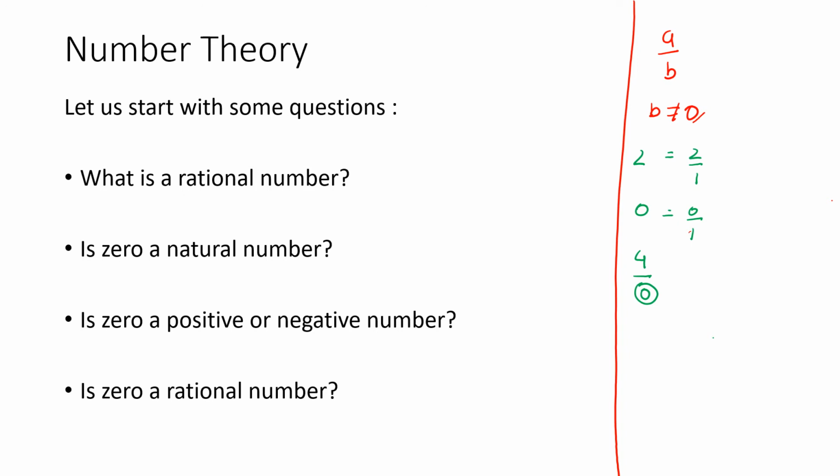In the beginning of this video, I showed a glimpse of these questions and let you guys think about it. Now let's do it together. So, what is a rational number? A rational number is a number that can be expressed in the form of a over b, where b cannot be equal to 0.